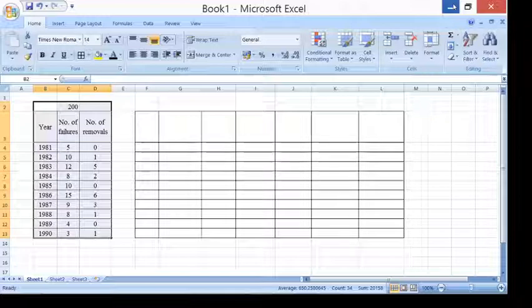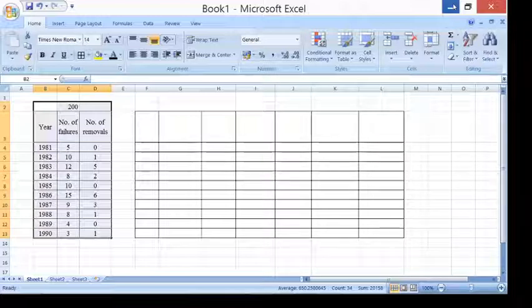Apart from failure, there may be other reasons because of which engines might have been removed from the system. Therefore, we are considering the number of removals also. Year-wise, the count of engine removals has been provided. During the year 1981, no engine was removed. During the year 1984, 2 engines were removed. Note that these 2 engines were not removed because of failure.